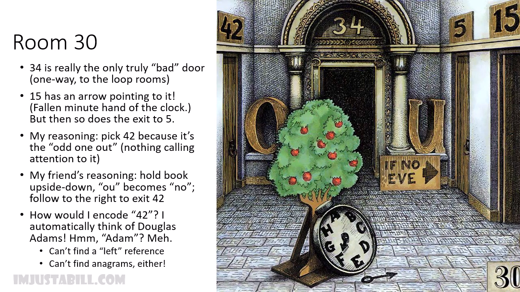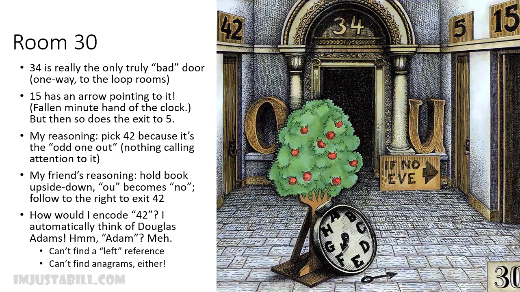Taking a closer look at room 30, out of the 4 doors that we have choices for, 34 is really the only truly bad door. That is a one-way exit to the loop rooms. Of the other 3 doors, still only one is the best choice and the one that we need for the shortest path, but there are ways of at least getting back to the room.